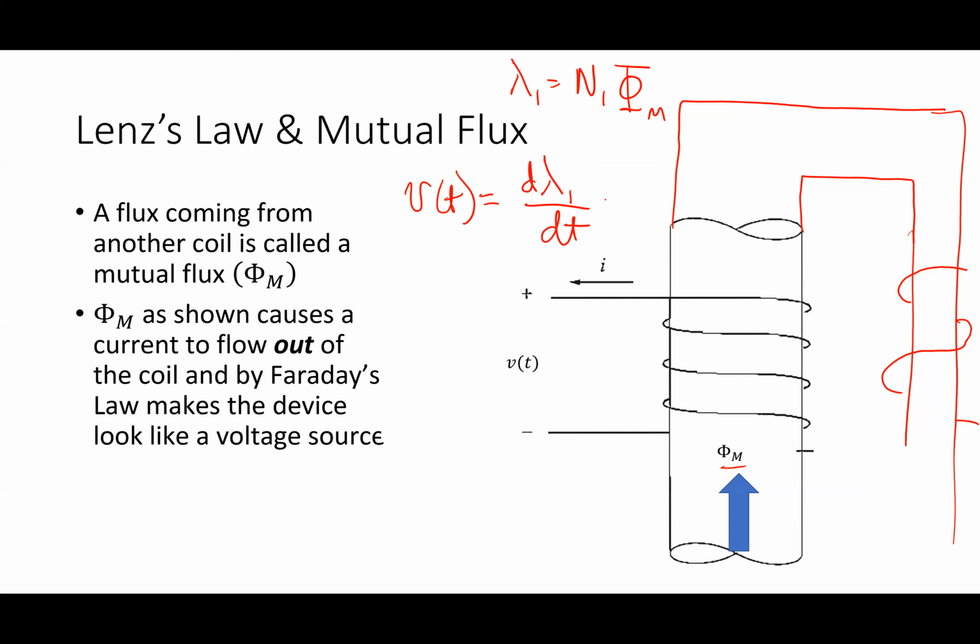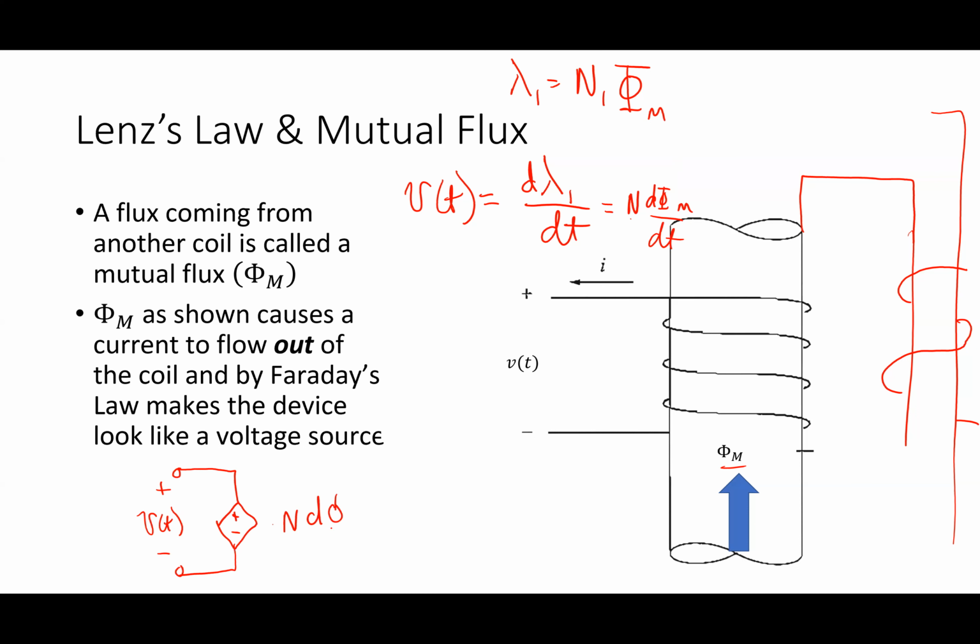If I take the derivative of that, it becomes N times d phi m by dt. So the way I'm going to think about this is, here's V of t, and I have this little voltage source here, N times d phi m by dt.